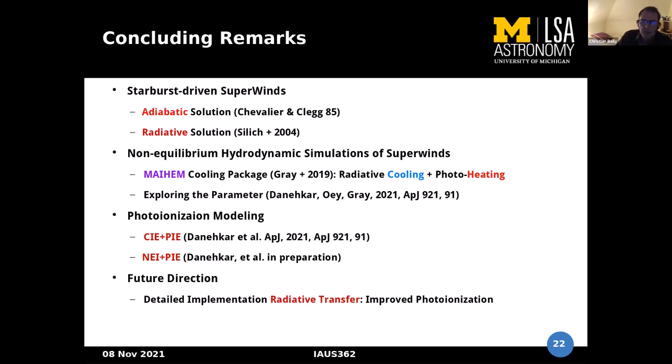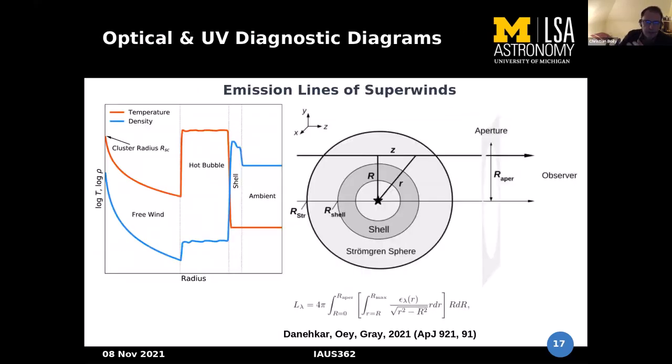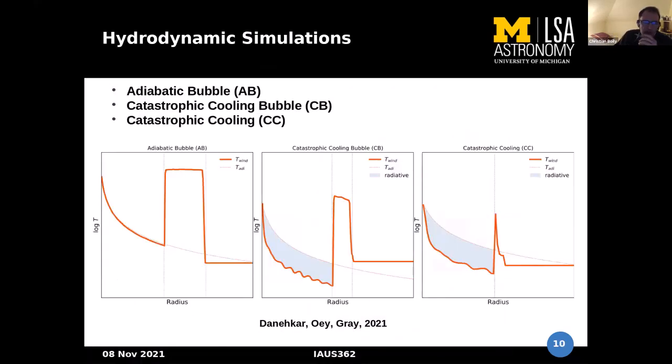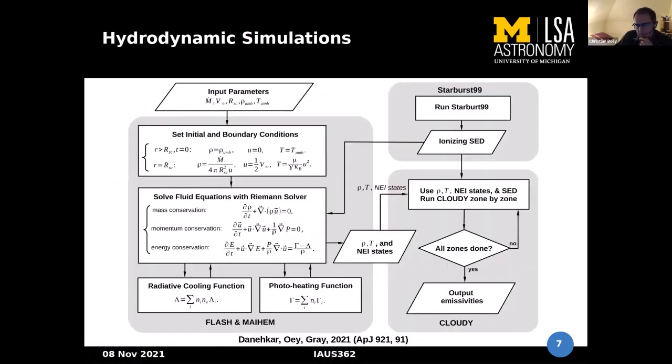It wasn't clear to me whether, when you use Flash, you make it work in spherical coordinates, generally, because you didn't specify the accuracy or the numerical setup of Flash. Yeah, we implemented this in Flash, but it's a modified version of Flash, because in Flash there is no radiative cooling function or photoheating function.